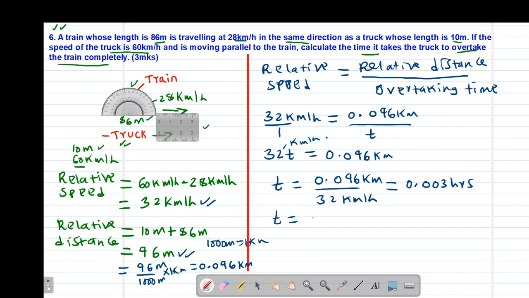Therefore, the time will be 0.003 hours, divided by 1 hour, of course, multiplied by 3,600 seconds, which is going to give us 10.8 seconds. So this is the time that is taken to complete the overtaking process.